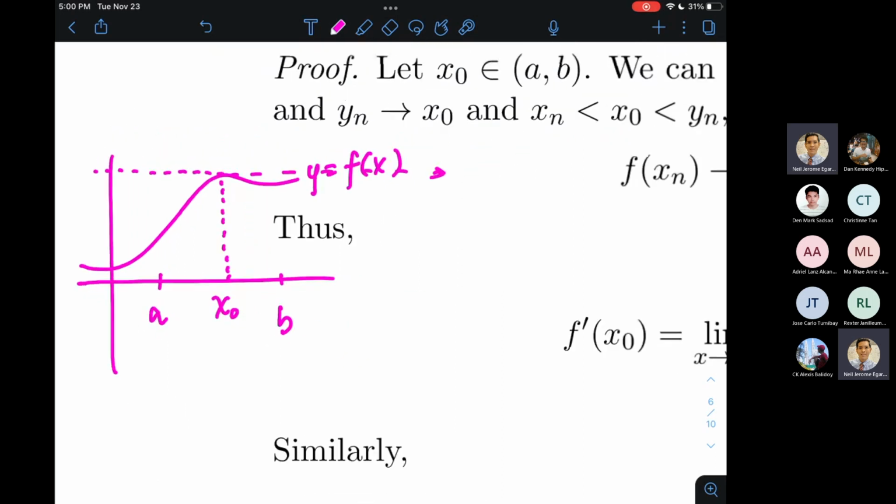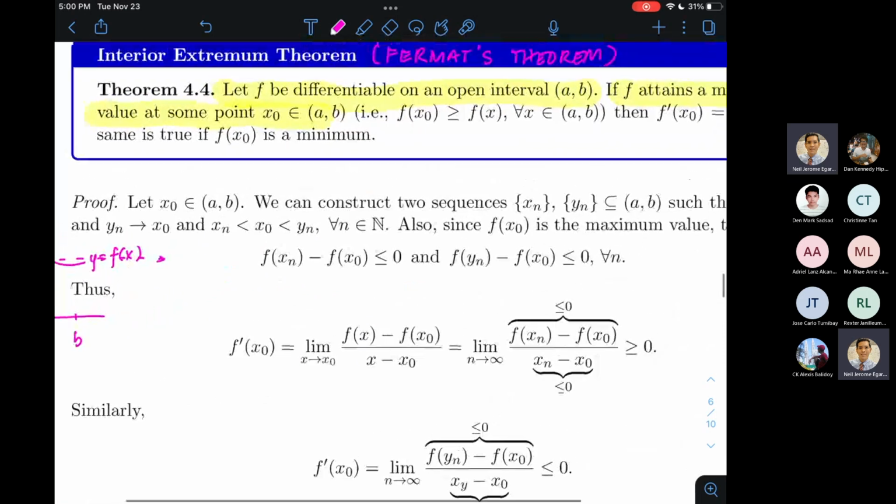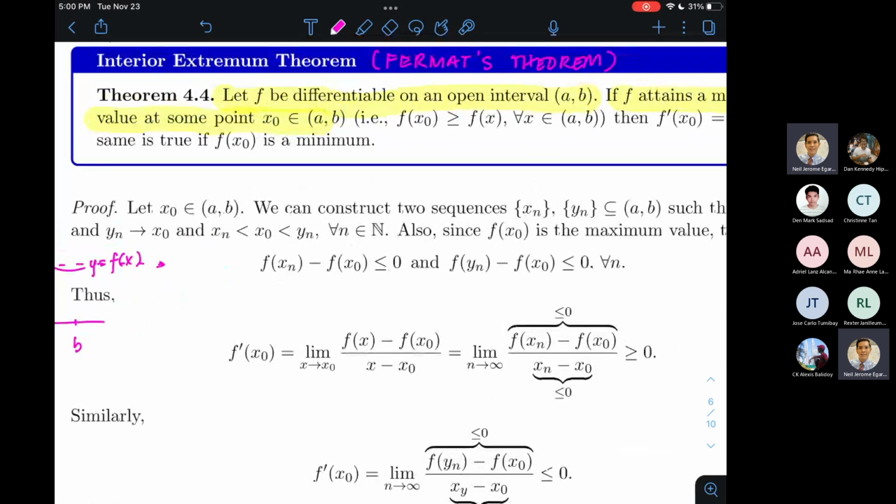Okay? So, ito yung dahilan kung bakit sa Math 36, pag naghahanap tayo ng relative max at relative min, kinukuha natin yung derivative at tine-equate kay 0. Kasi Fermat's theorem says na kapag ka may maximum or minimum, dapat yung derivative ay equal kay 0. Okay? Pero hindi niya sinasabi na kapag ka ang derivative ay equal kay 0, hindi necessary na meron kang maximum or minimum.